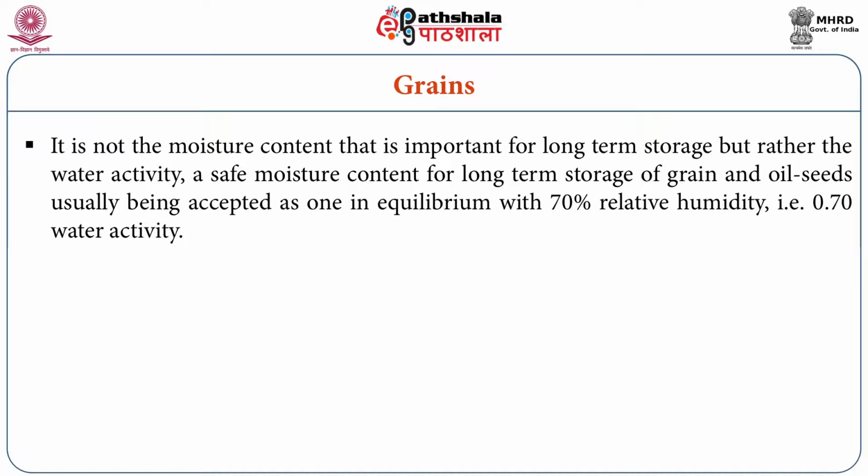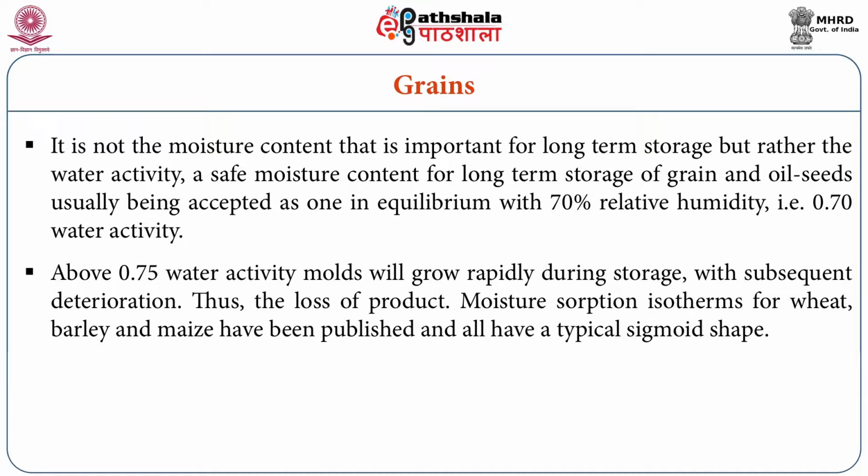A safe moisture content for long term storage of grain and oil seeds is usually accepted as one in equilibrium with 70% relative humidity, that is 0.7 water activity. Above 0.75 water activity, molds will grow rapidly during the storage with subsequent deterioration. Thus, the loss of product will occur.